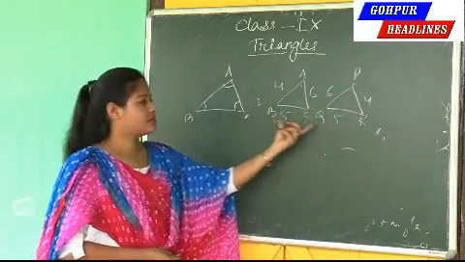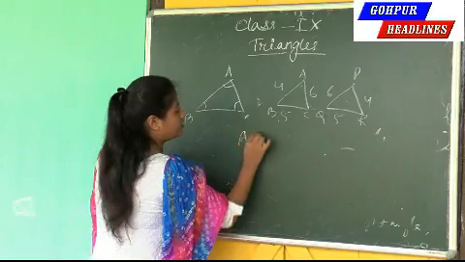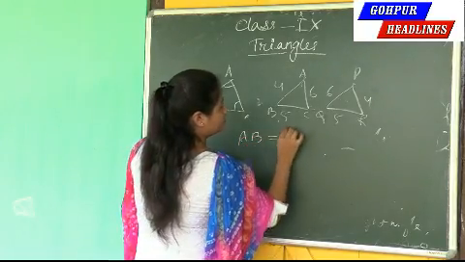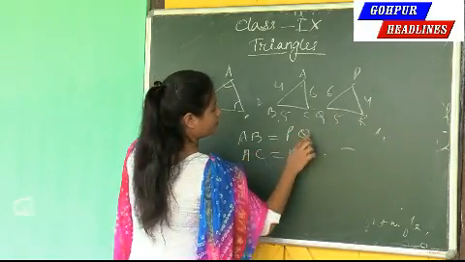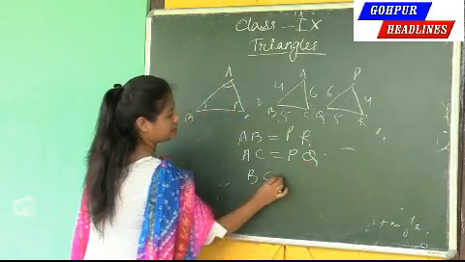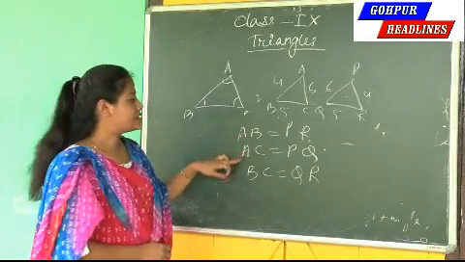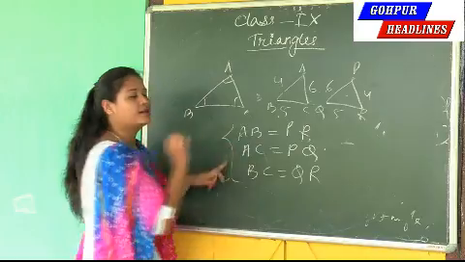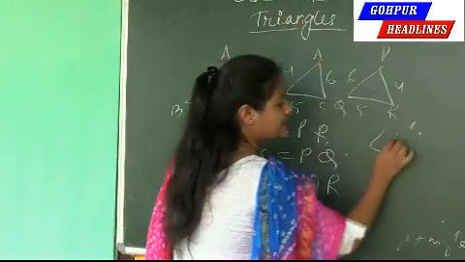BC equals which? QR. So AB equals PQ, AC equals PR and BC equals QR. That means all the corresponding sides of these triangles are equal, as well as all the corresponding angles are equal.